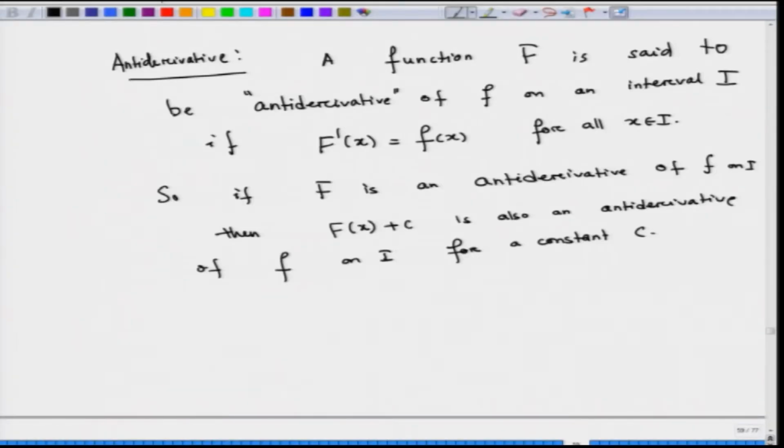So, F of x plus c prime is equal to small f of x. This is the most general form of the antiderivative.